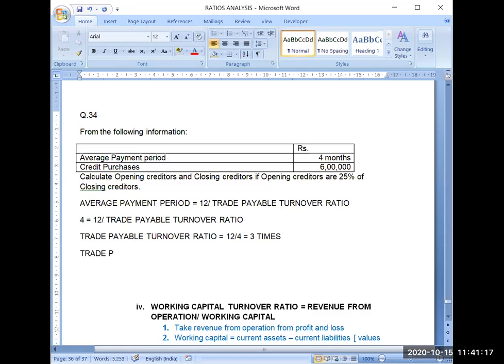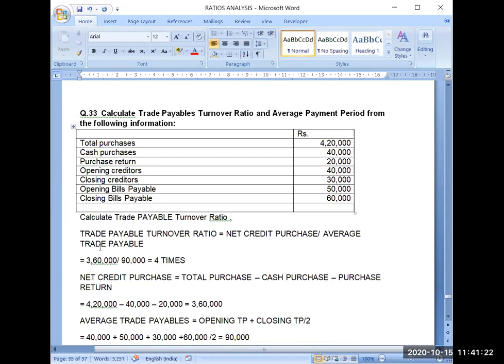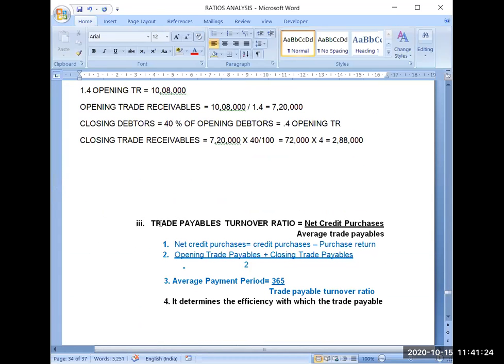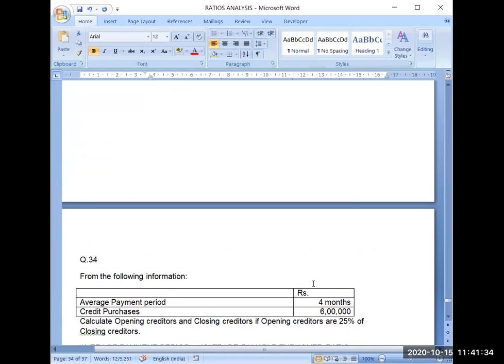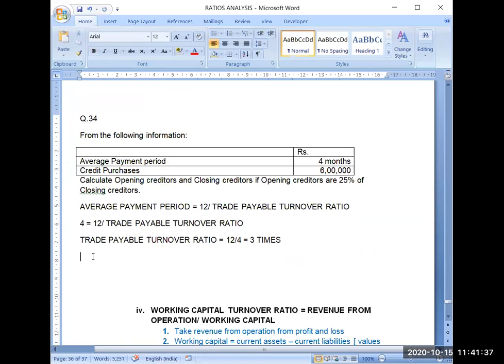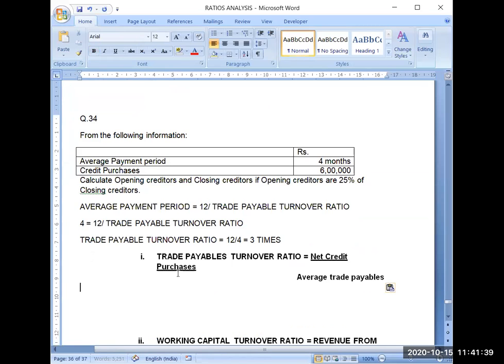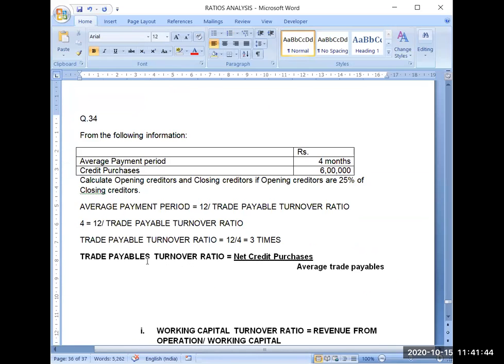So trade payable turnover ratio is equal to net credit purchases upon average trade payables.